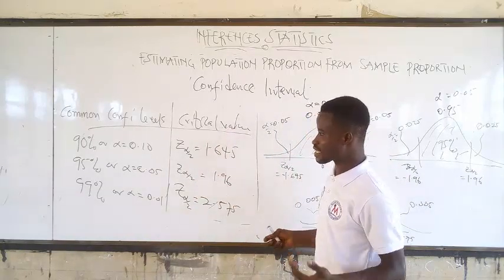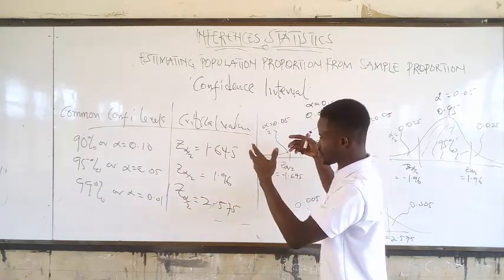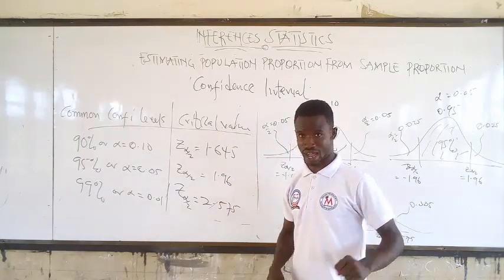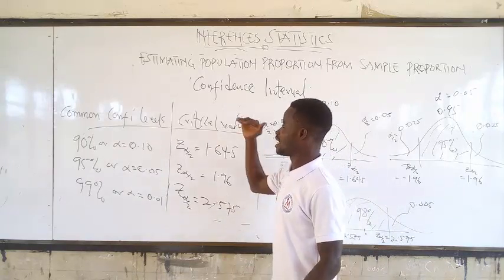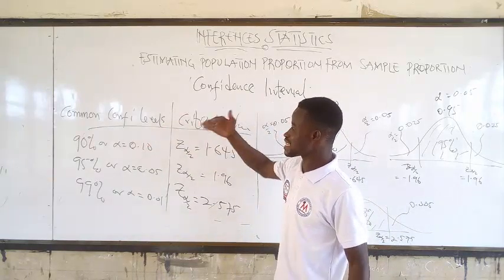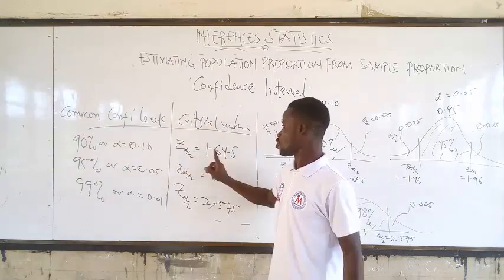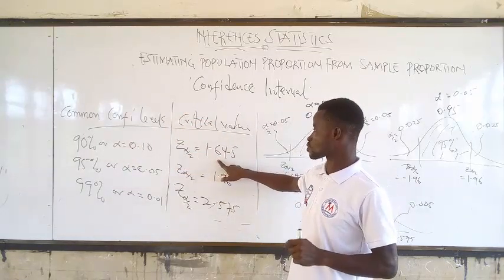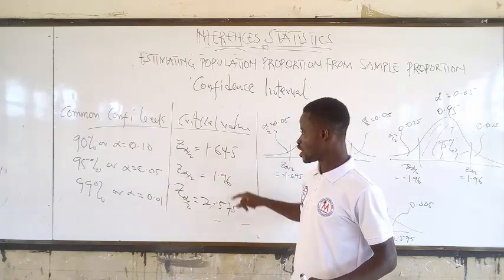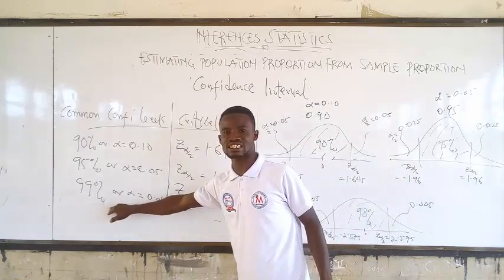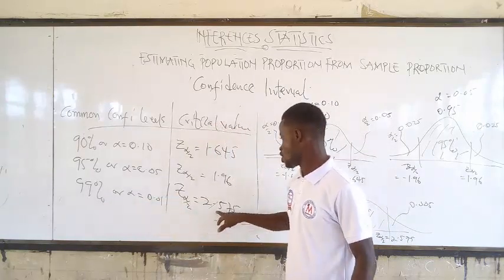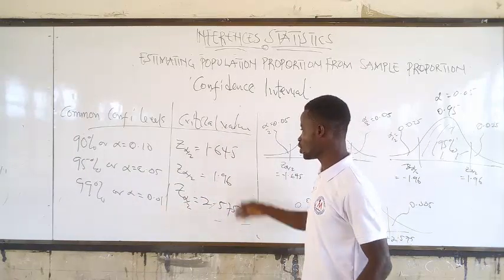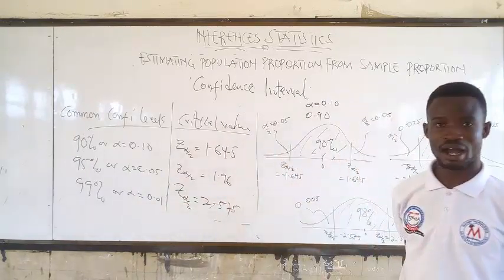You can get 80%, you can get any of it, but this is how we do it. Alright? So now you can see that if your confidence level is low, your critical value too is what? Is least. See the higher confidence level, which is 99%. Look at our Z score, 2 point something. You see how it is? Alright, so this is how it is, and I'll be back.